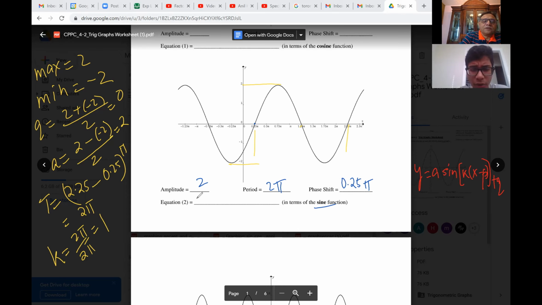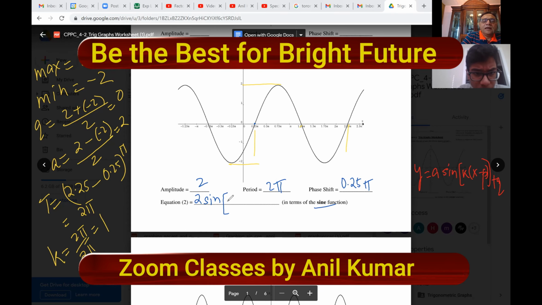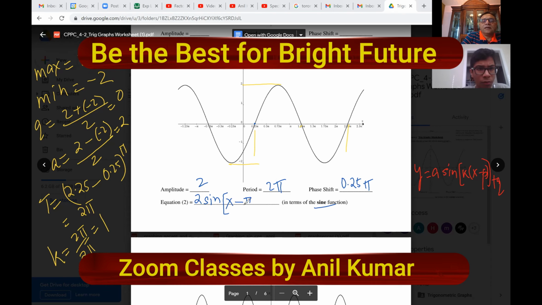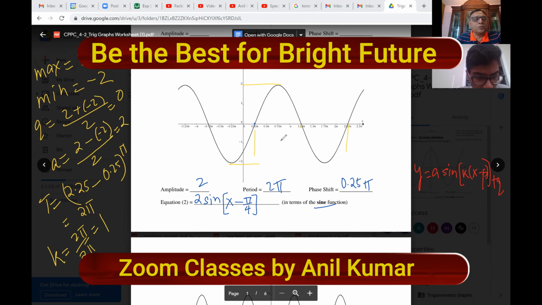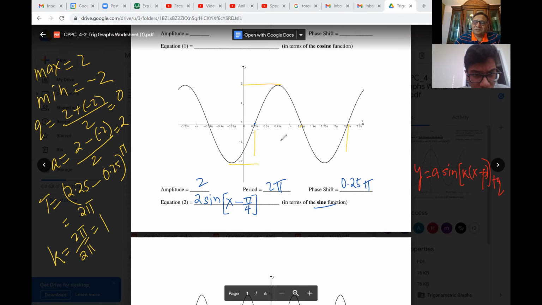So pi over 4. So therefore, now the equation is, we can write amplitude as 2, sine, the k value, which is 1, right? So I'm not writing anything. And x, we move right by the value of pi by 4, correct? Is that clear to you? And there is no vertical shift, and therefore that becomes our equation, correct?